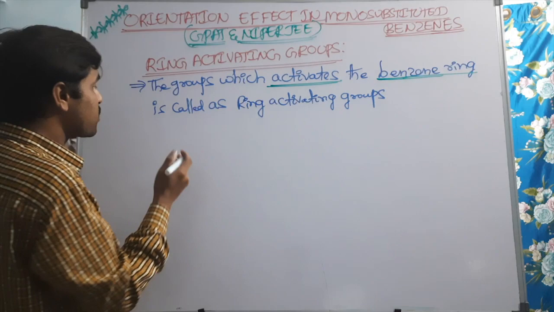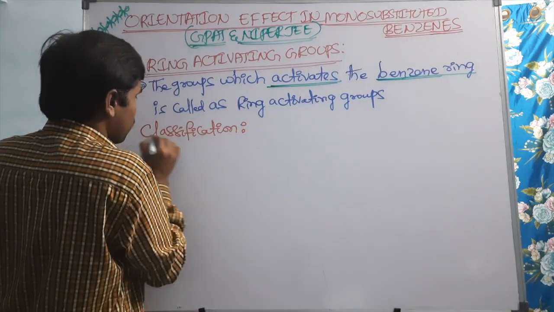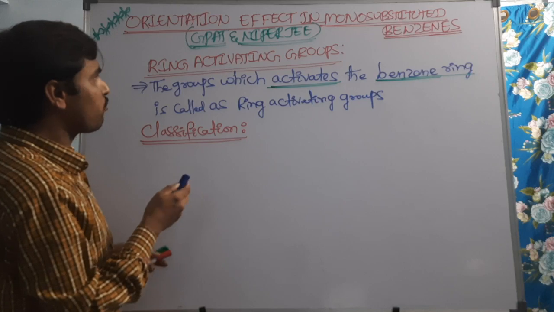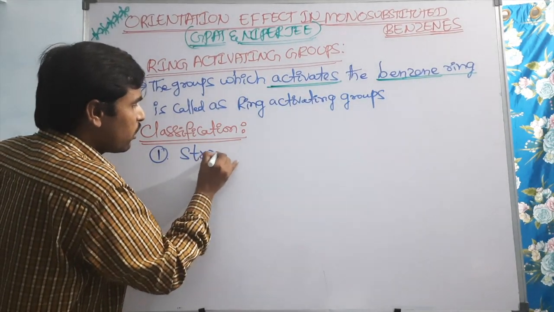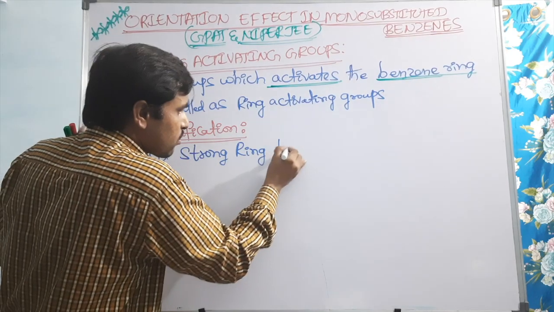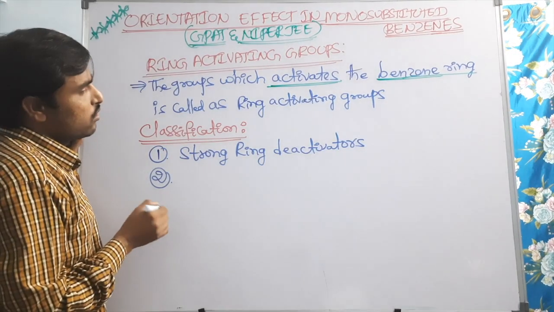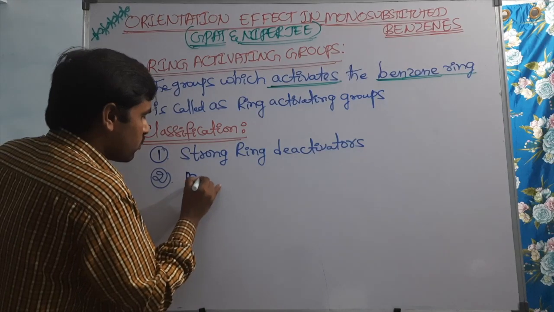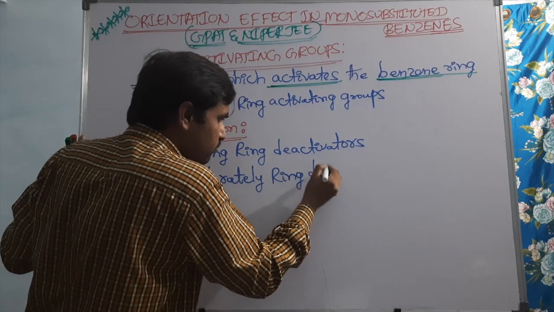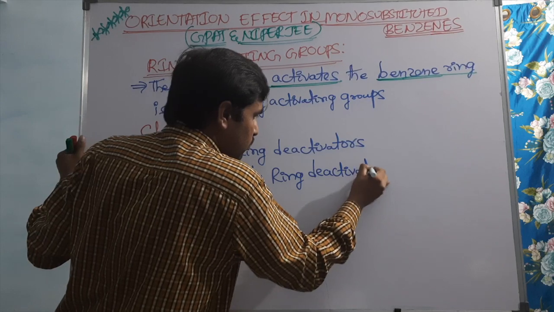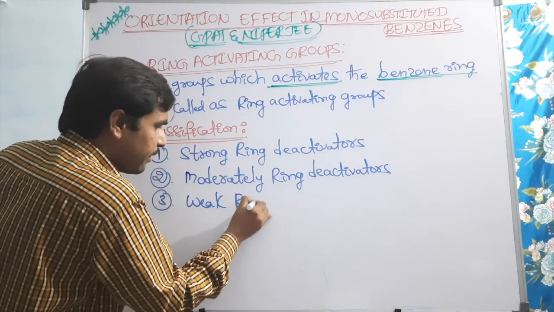Again, these ring activating groups are of three types. Coming to the classification of ring activating groups, number one is strong, number two is moderate, and number three is weak.